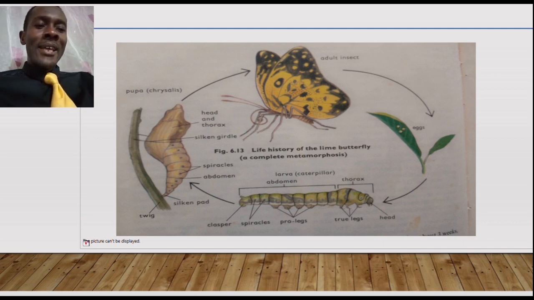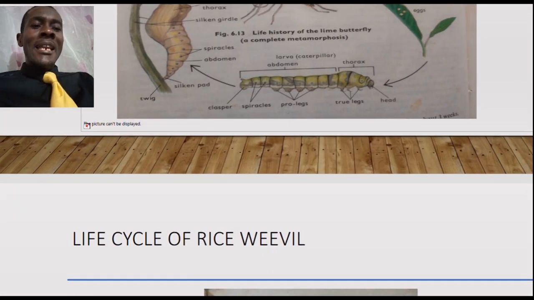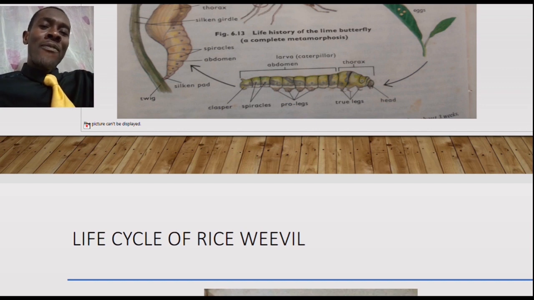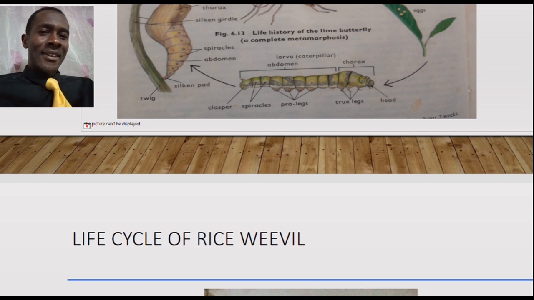Now, I want to bypass some of the examples of the other pests I mentioned, but I will come back to them. Let's go to the seed and fruit feeders. An example of that is the rice weevil.